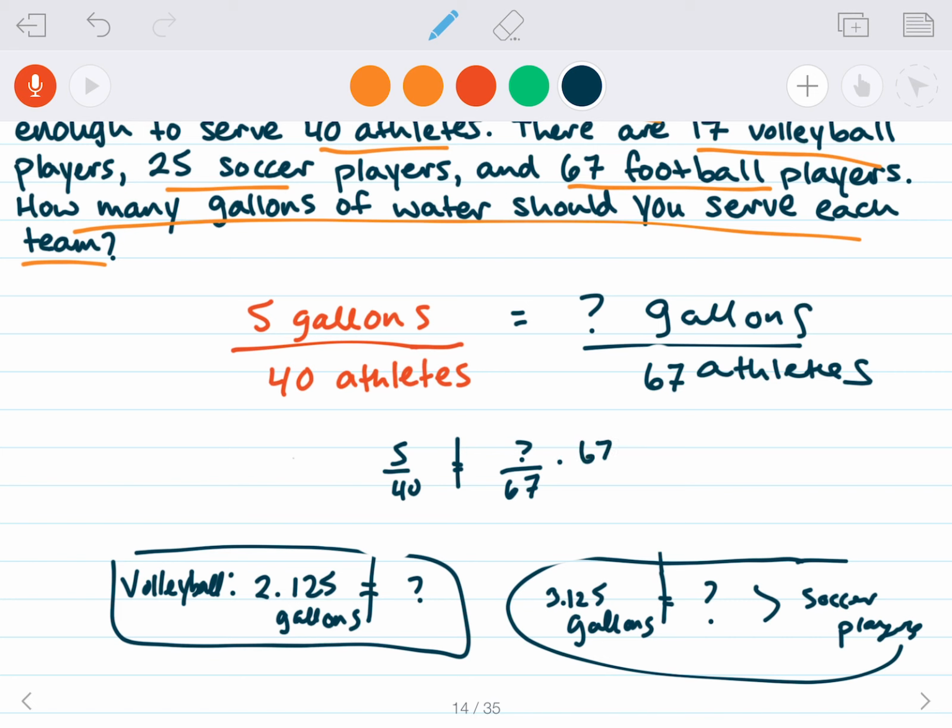Multiply both sides by 67. 67 over 1 times 5 over 40. And we get 8.375. And this is for football.